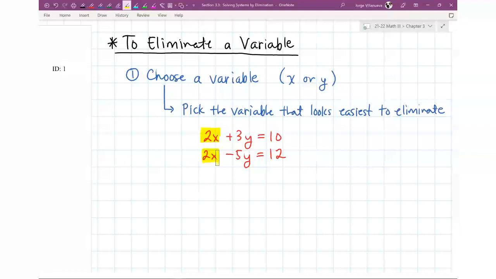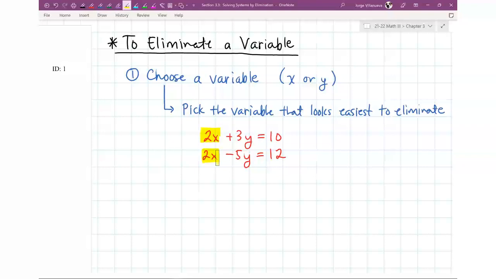It goes away. I eliminated it. But notice, if I subtract 3y minus a negative 5y, I don't get 0. So it's not easy to eliminate those. So when you're trying to figure out what should I eliminate, you're looking for things that match up.